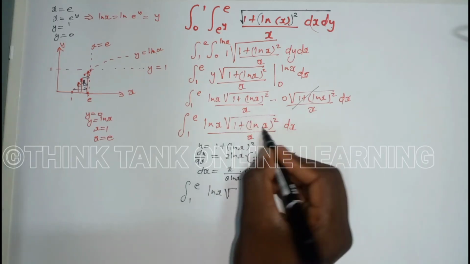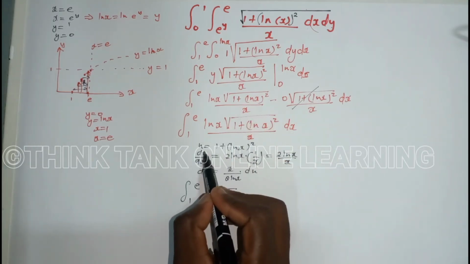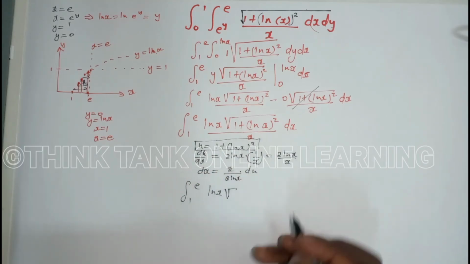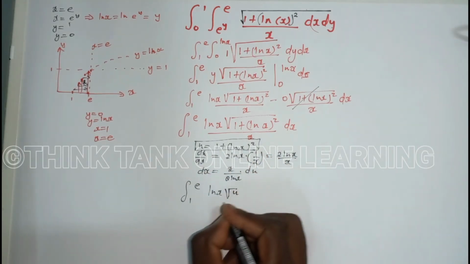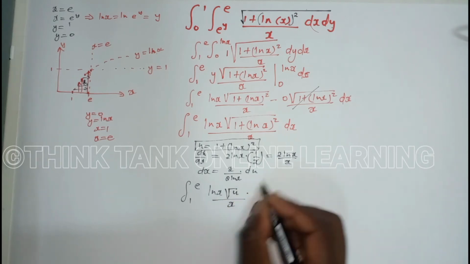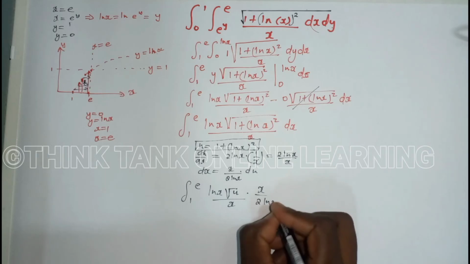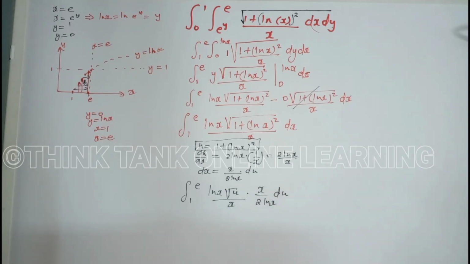So instead of writing this big thing, I'm just going to write u, since I've said that that thing is equal to u. I'm going to divide by x, and for dx I'm going to write x over 2 ln x du.